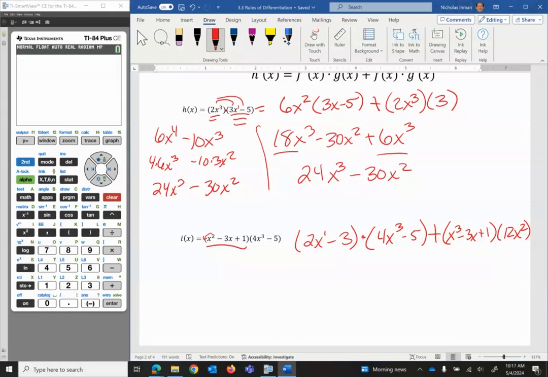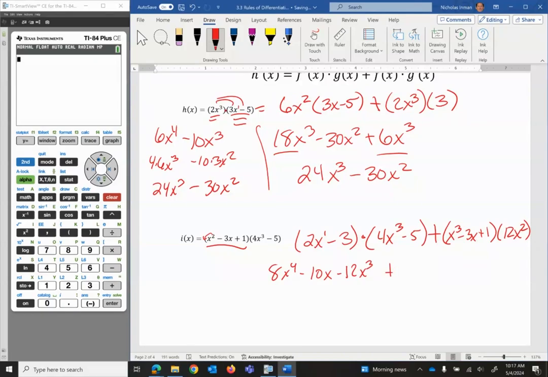All right, so now we can maybe distribute. Now we can try to work it out if we want to. Still having to do that, but at least it's a lot smaller. So 2x times 4x cubed would be what? 8x to the fourth, minus 10x, minus 12x cubed. Same thing over here.